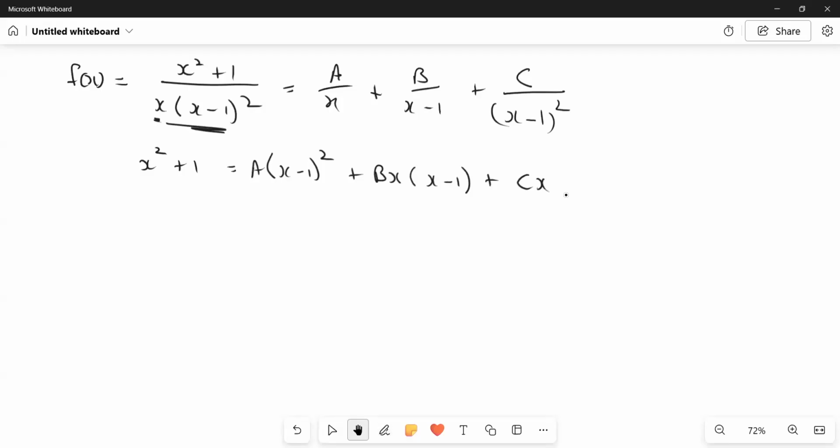Or to multiply throughout by this denominator here. Good. And now you have to try to figure out the value of A, the value of B, and then the value of C, right? One at a time.